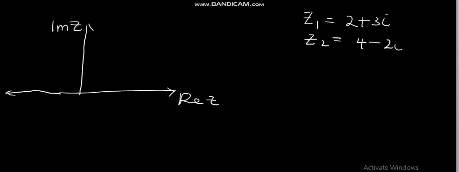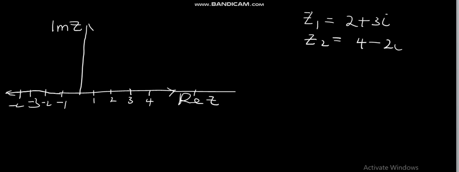So we can say that this is our 1, this is our 2, this is our 3, this is our 4. It's not on scale, but we have to bear with it. This is negative 1, negative 2, negative 3, negative 4 going.